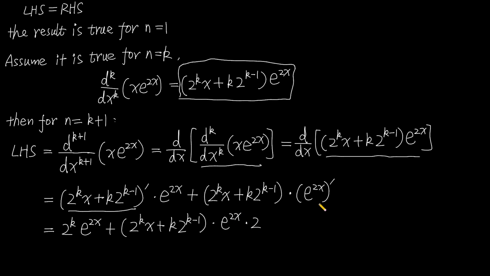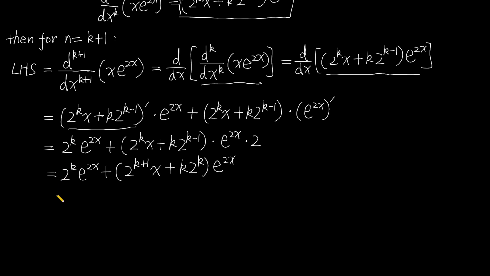So here we use the chain rule. Then this equals 2 to the power of k multiplied by e to the power of 2x plus we multiply 2 inside the bracket. So here is 2 to the power of k plus 1 multiplied by x plus k multiplied by 2 to the power of k multiplied by e to the power of 2x.